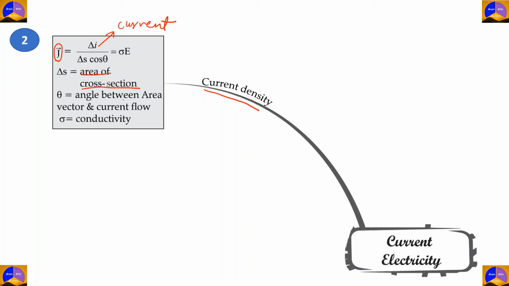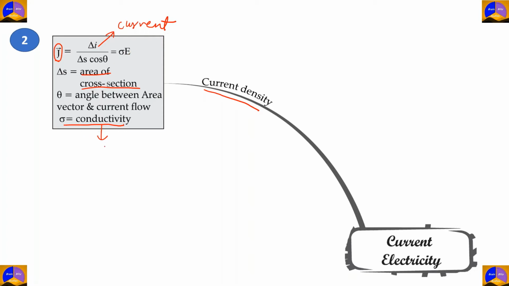Theta is the angle between the area vector and current flow, and sigma is a constant known as conductivity, because in this formula we found that current density can also be represented as sigma times E.